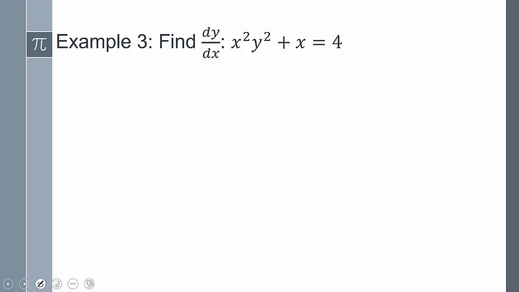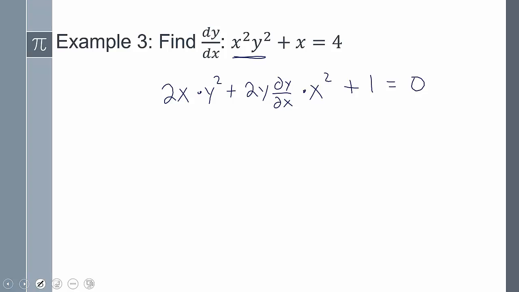For this one here, find dy over dx. So for this first statement, the derivative of the first times the second plus the derivative of the second, I have to have my differential, times the first, plus, now the derivative of x is just 1, and that's going to equal 0.